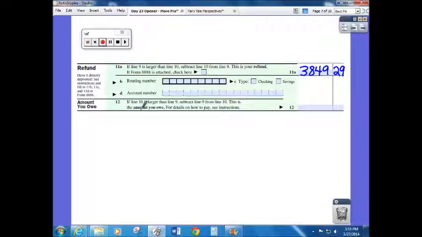Since line 10 is not larger than line 9, we just leave this blank. We don't write anything there. So on 11A and on 12, you will either write something down on 11A or line 12, depending on whether you get a refund or whether you owe.